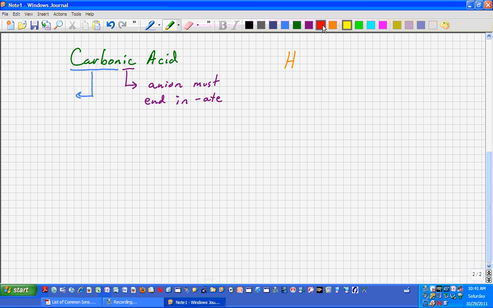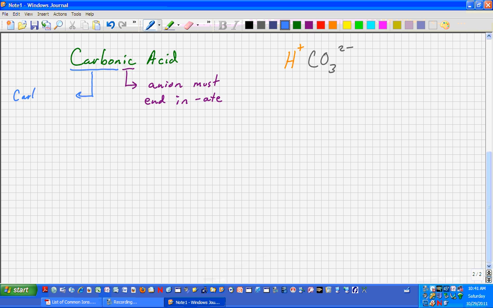So carbonate was CO3 with a -2. We know hydrogen is always a +1. So I want these to add up to 0.